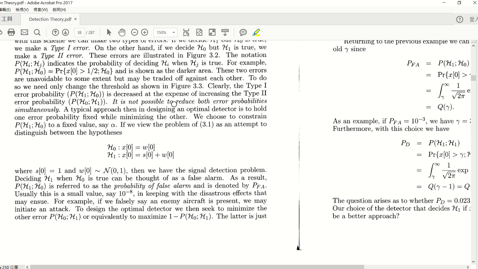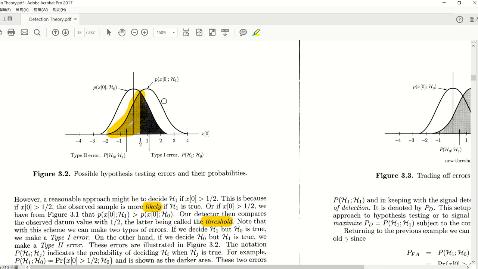It is not possible to reduce both error probabilities simultaneously. Let's think about it. If you shift the threshold, you are reducing one type of error probability while you increase the other type.